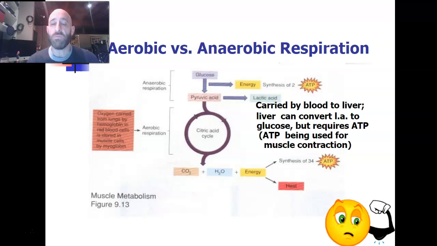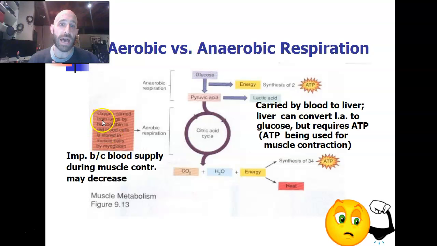So it's a little bit confusing, so I'm going to explain it, and then hopefully it makes some sense. One other thing that you can see on this slide is it just brings up myoglobin over here. That's this little comment over here, because when you're exercising, for example, when I'm lifting a weight, my muscle's going to contract. It's going to actually push on my blood vessels and decrease the amount of blood flow.